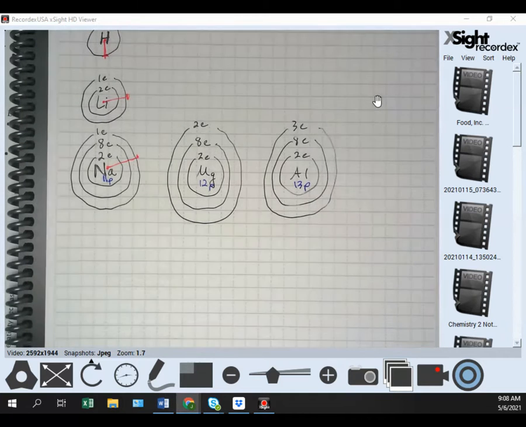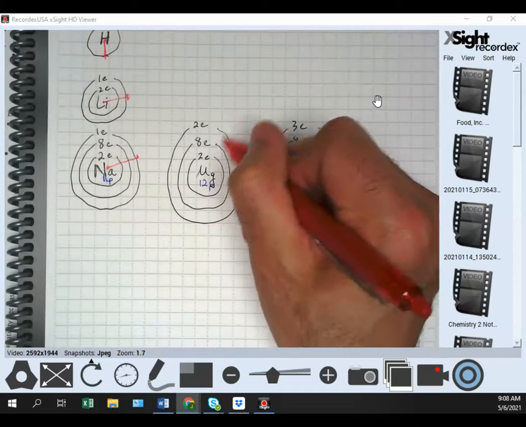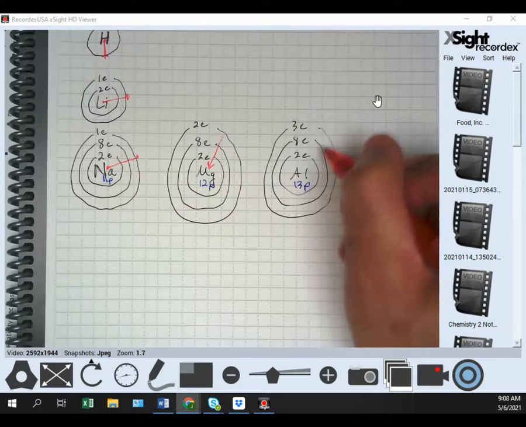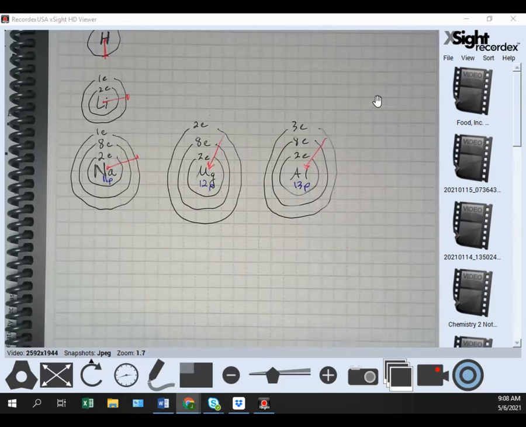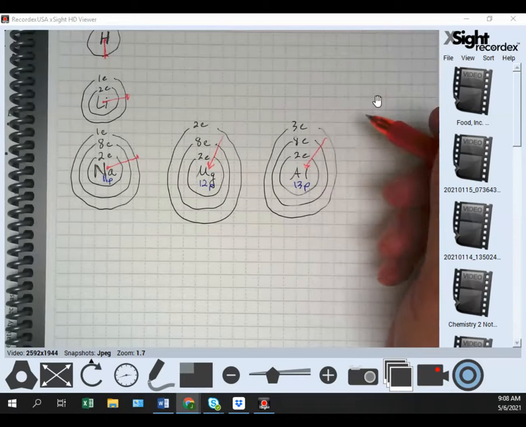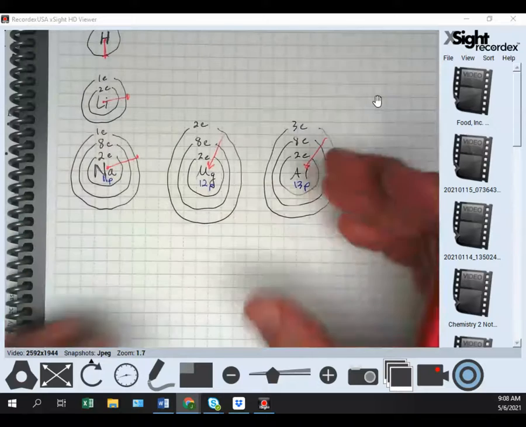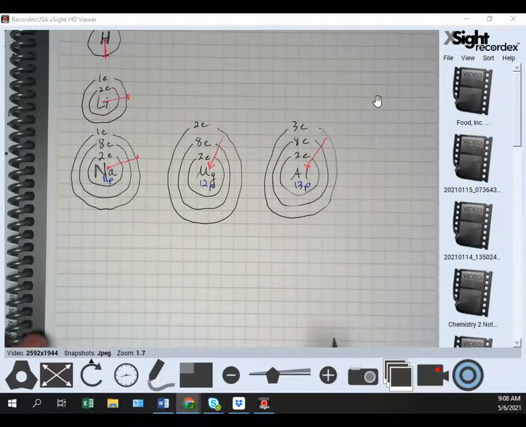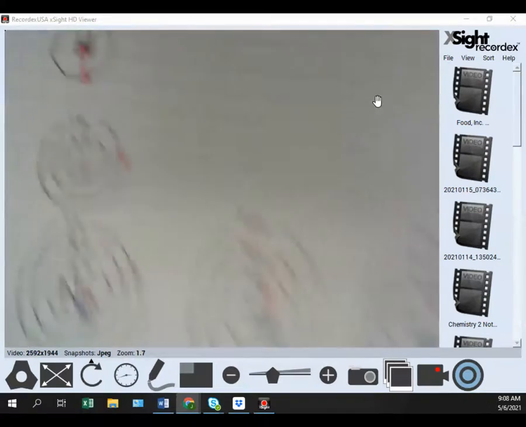So you've got more of them, so it's going to have a stronger pull on the electrons. It's going to pull them a little bit closer to the center as you get more. So left to right, the atomic radius actually shrinks a little. Okay. Questions on that? Okay.